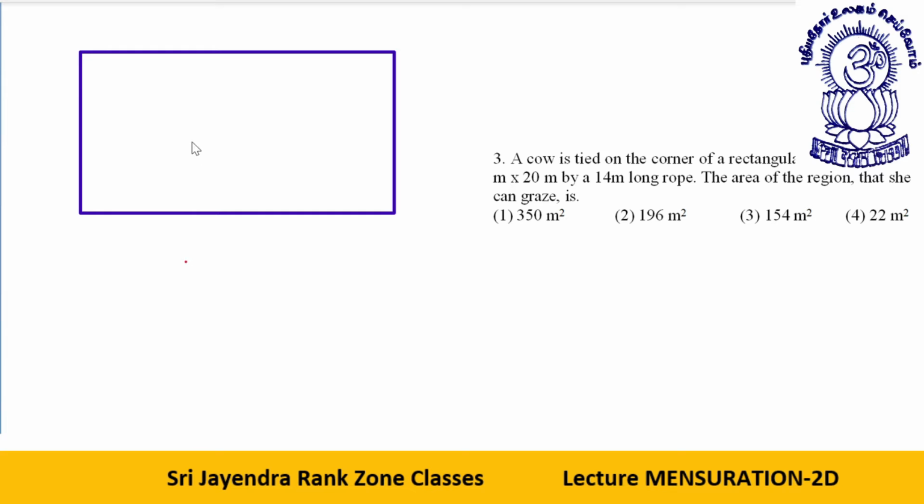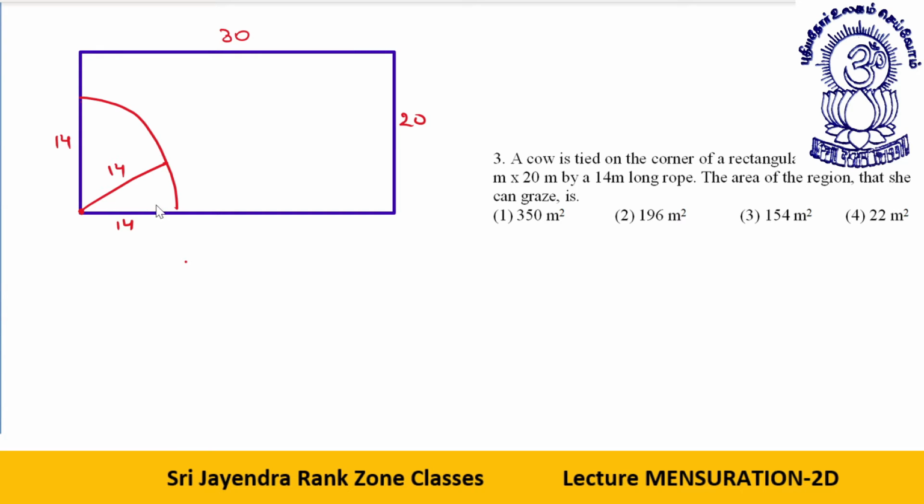Now, this is 30, this is 20. Let's say on this one corner, by the help of a 14-meter long rope, a cow is tethered. This radius is 14. The area of the region that she can graze is.